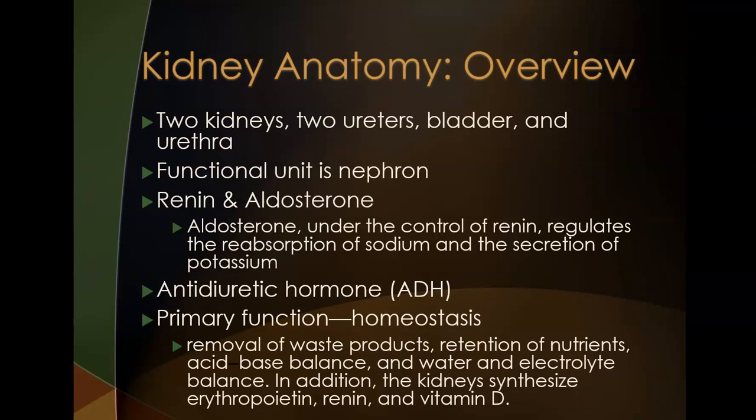Now, antidiuretic hormone is another hormone that influences water balance in the kidneys, but the difference between aldosterone and antidiuretic hormone is that antidiuretic hormone moves water without moving sodium. Antidiuretic hormone opens up aquaporins that allow water to flow from the filtrate back into the blood, so it concentrates the urine and dilutes the blood.